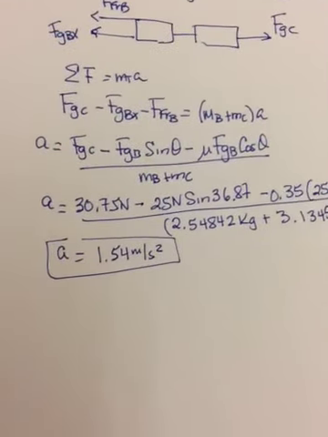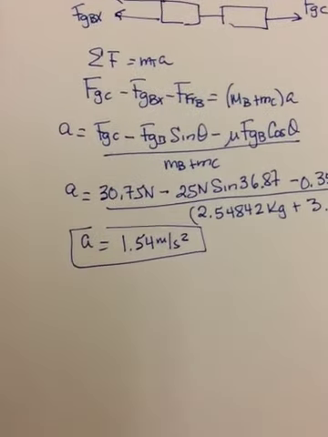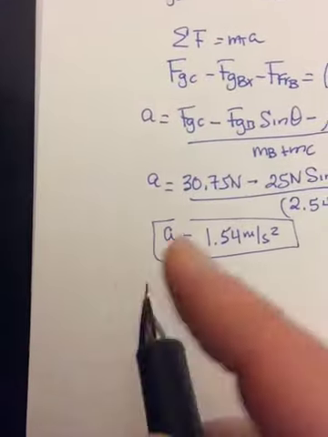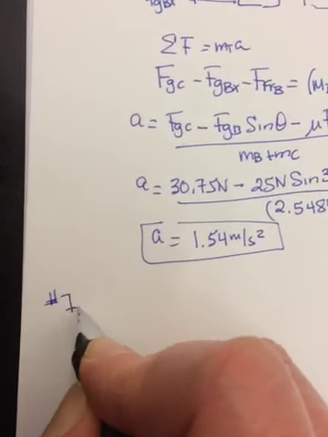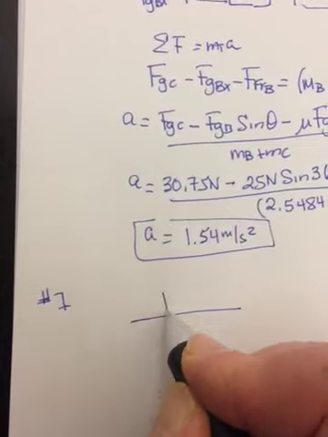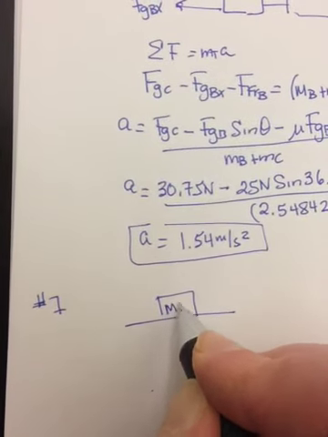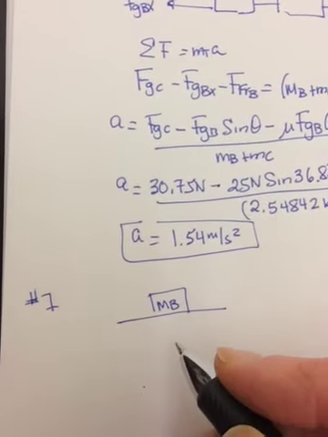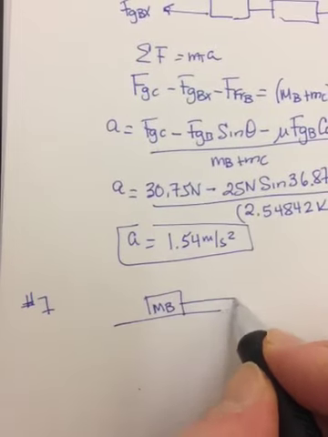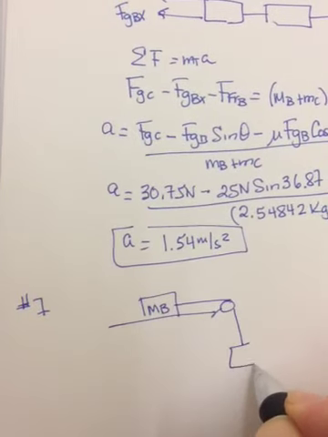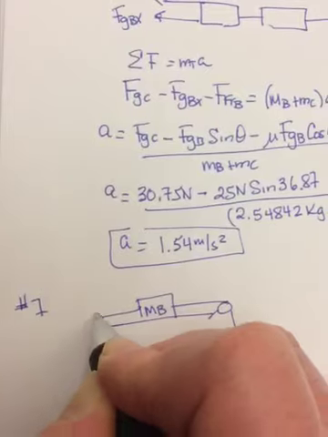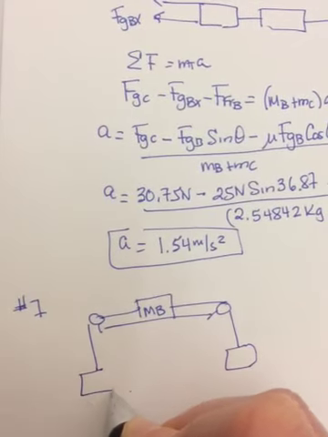7. Block B of mass 12 kilograms is sitting on a horizontal table, so it's not an incline. So this is MB. It is sitting on a horizontal table attached by two cables, one going this way and one going this way.